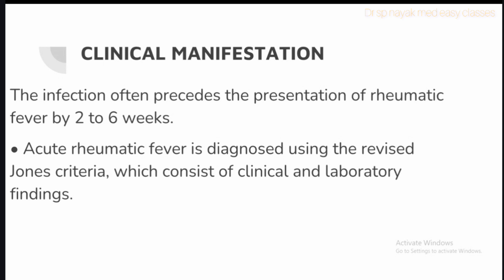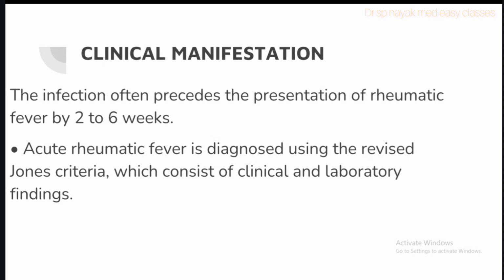Acute rheumatic fever is diagnosed using the revised Jones criteria, which consists of clinical and laboratory findings. This Jones criteria was given by Dr. T. Duckett Jones in 1944. It was revised by the AHA, American Heart Association, in 1965. The latest revised Jones criteria was given in 2003, which we are going to study now.